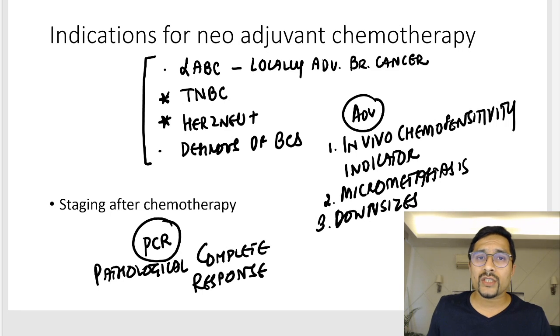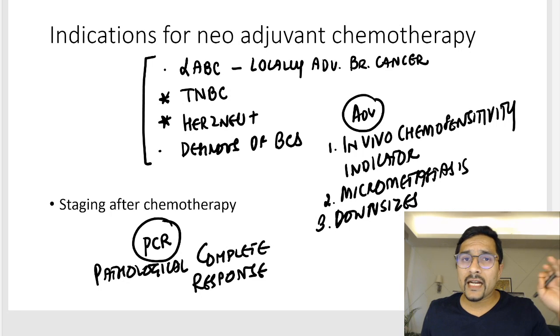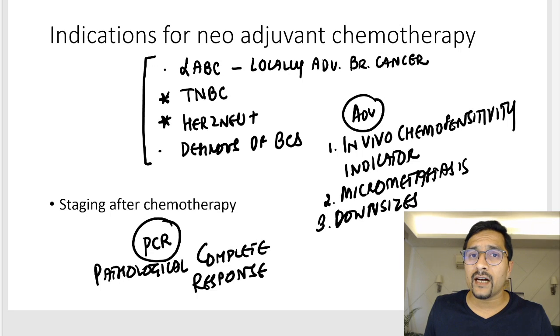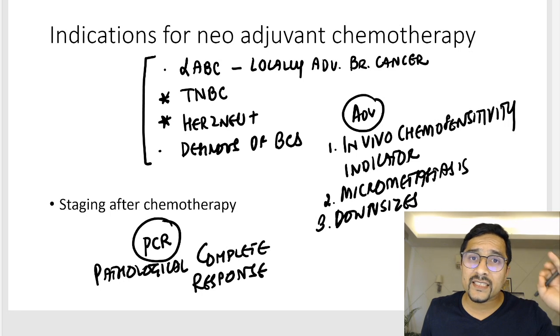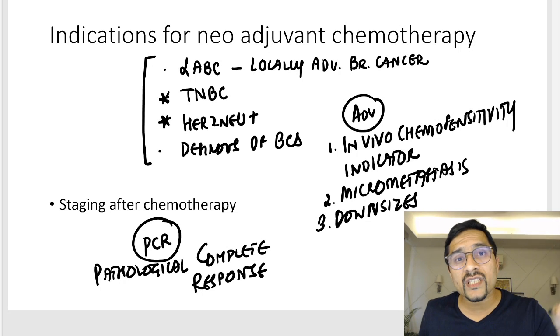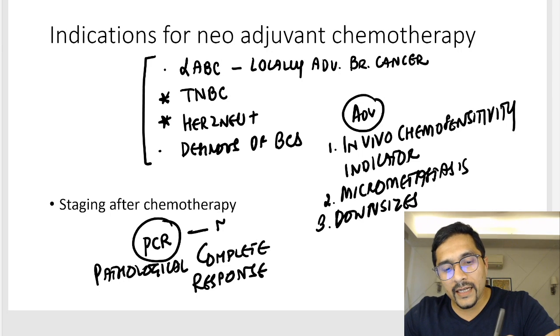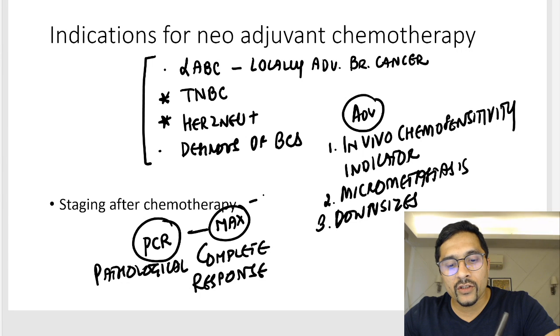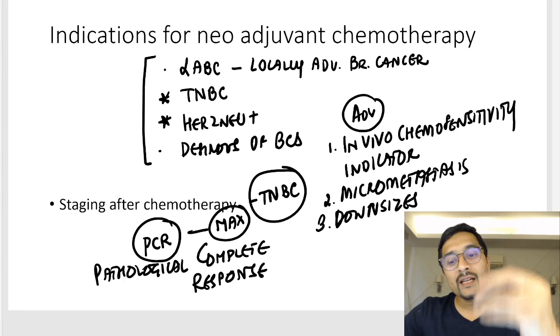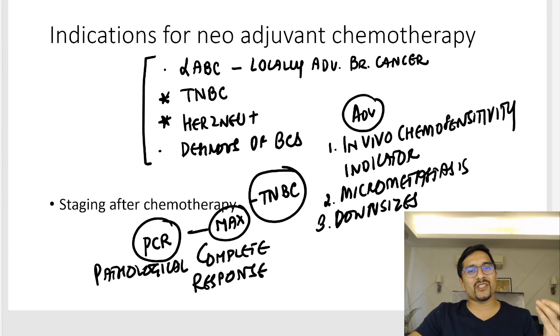That is pathological complete response, and if a patient achieves path CR, then there is survival advantage. That improves the survival, which is another advantage of giving neoadjuvant chemotherapy. Now, PCR rates are maximum in triple negative breast cancers because I told you these are the ones which respond best to chemotherapy.